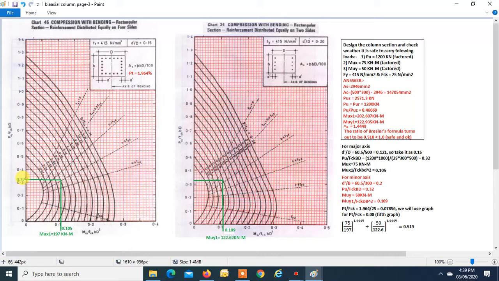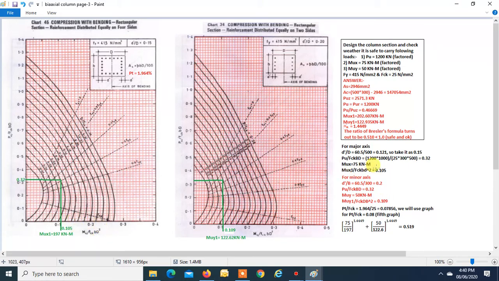All these graphs given are for PT by FCK, and PT by FCK is 0.078, so we will take the fifth graph, PT by FCK equal to 0.08. When we draw this line and cut the graph, we get this coefficient as 0.105. So MU by FCK B D square is equal to 0.105.